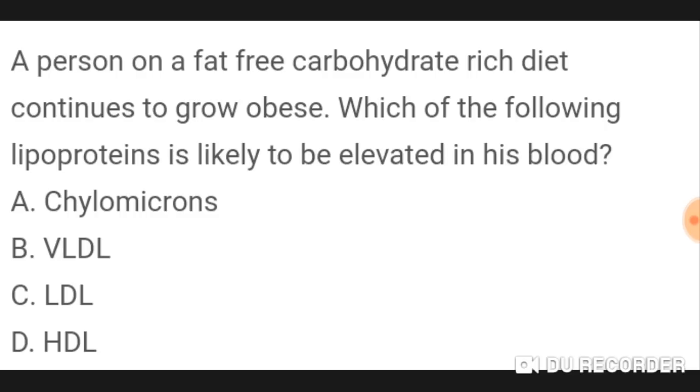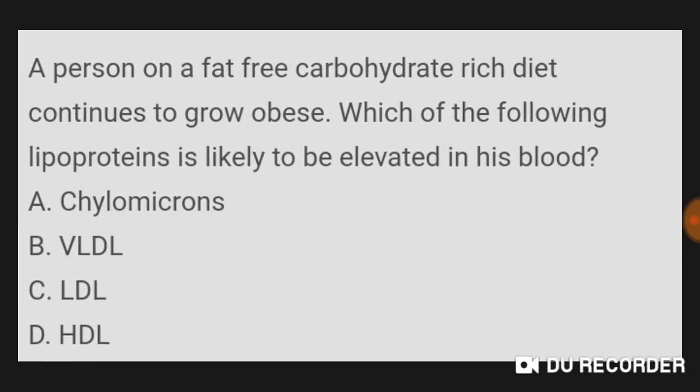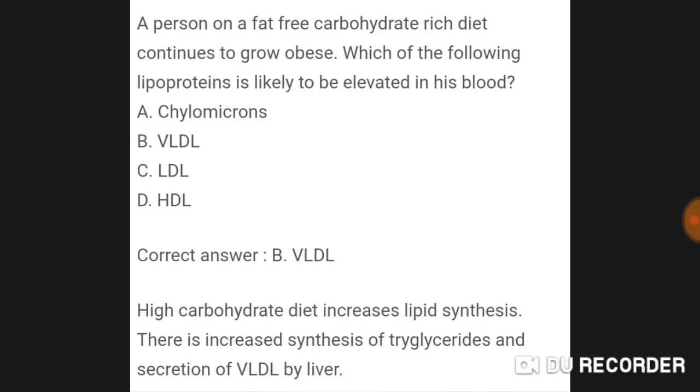A person on fat-free carbohydrate-rich diet continues to grow obese. Which of the following lipoproteins is likely to be elevated in his blood? VLDL or triglyceride we can say. High carbohydrate diet increases lipid synthesis. There is increase in synthesis of triglycerides and secretion of VLDL by liver.